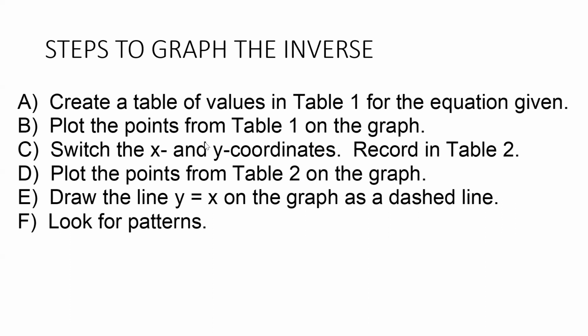To find the inverse graph, you're going to be switching your X and Y coordinates around. And that's going to create the inverse function, okay? We're going to draw the line y equals x, and that's our dashed line to show that there is symmetry amongst it, hopefully.